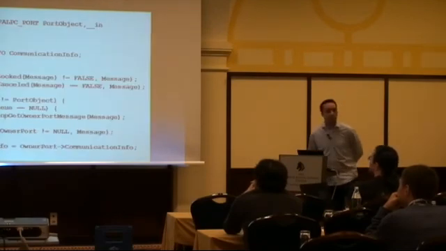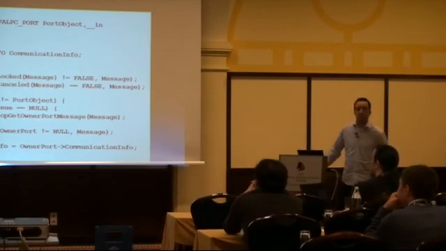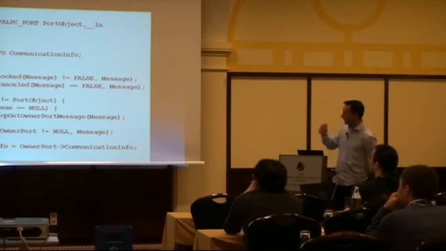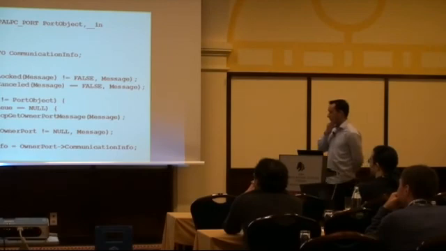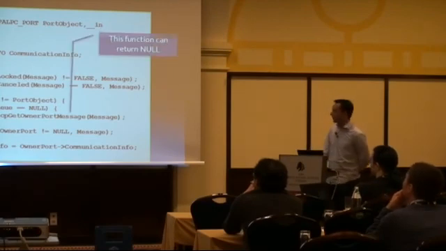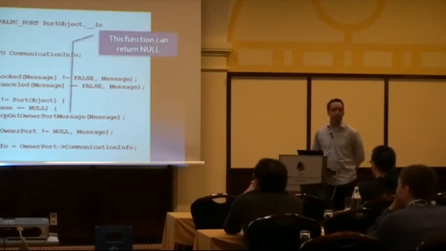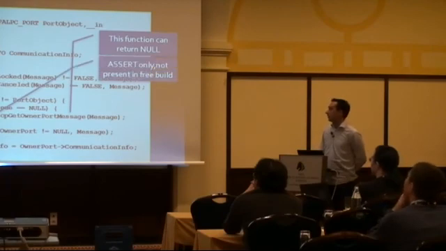ALPC. I can tell you, well, this is a bit difficult because you don't know the definitions of AlpcpGetOwnerPortMessage. So basically, this is a null dereference. This function can return null. The assert is not being executed.